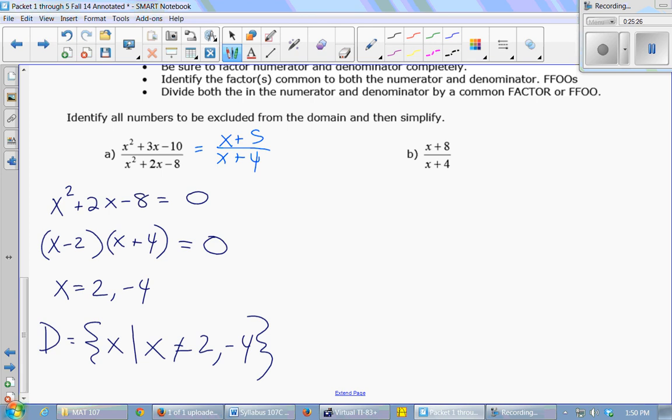So this original one, you can't put in a 2 or a negative 4. So if you found the domain last, if you did the reducing and then said, oh, and the domain of this resulting thing is all x's except for negative 4, you'd be leaving one out, right? Because for these two things to be exactly the same, they have to have exactly the same domain. So these are equal, and this domain applies to the result. That's why I make you do it first, so you don't forget one.